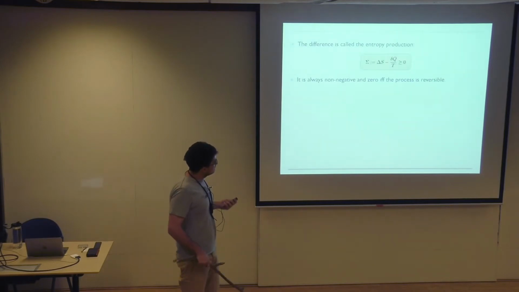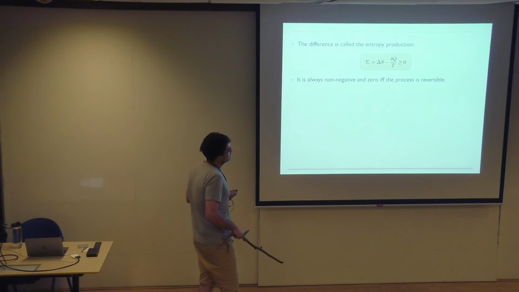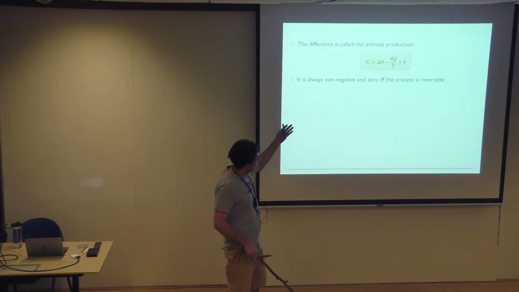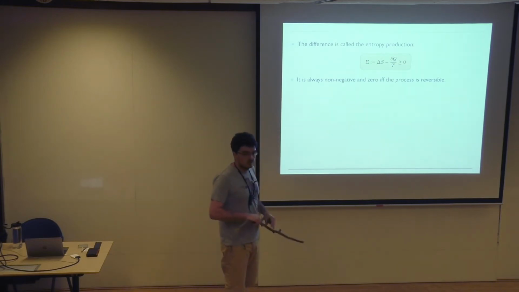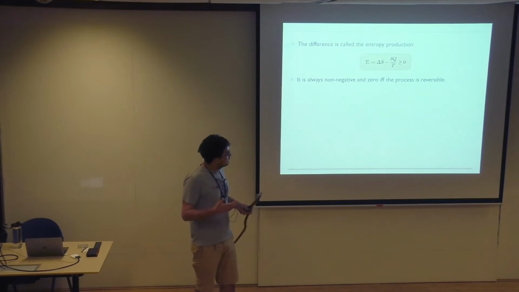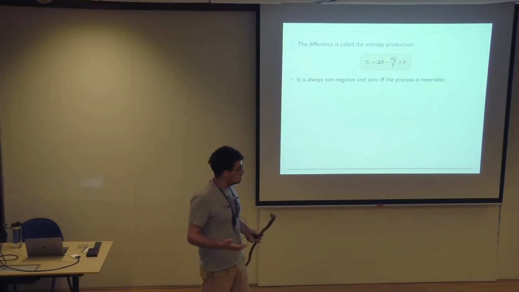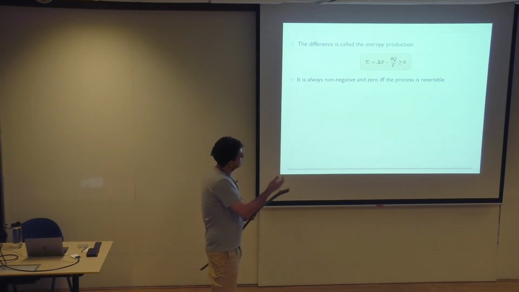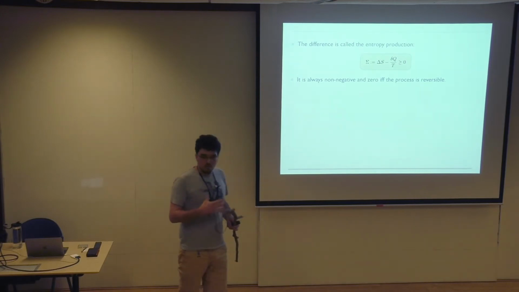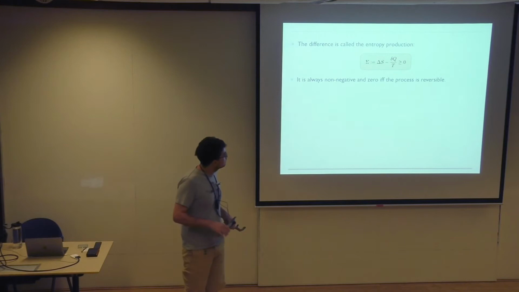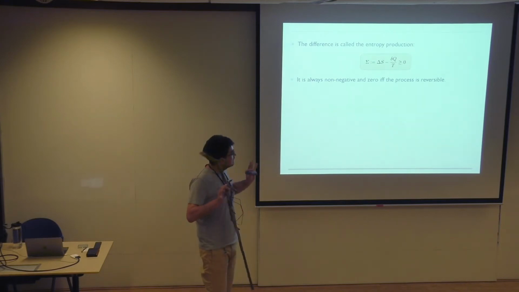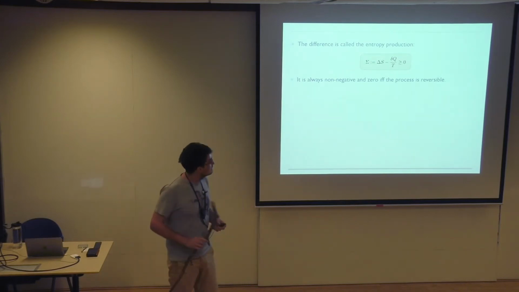Based on that, we define entropy production as the difference between ΔS and ΔQ over T. Because of the Clausius inequality, that is always larger or equal to 0. And we learned in thermodynamics that this is 0 if and only if the process is reversible, right? So this is the standard narrative in thermodynamics.